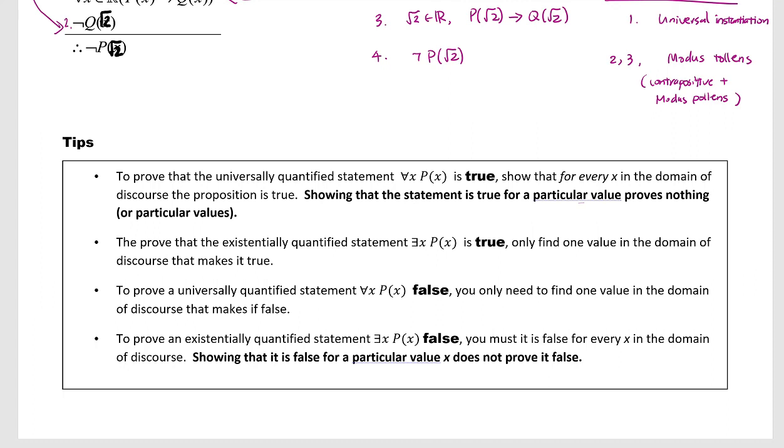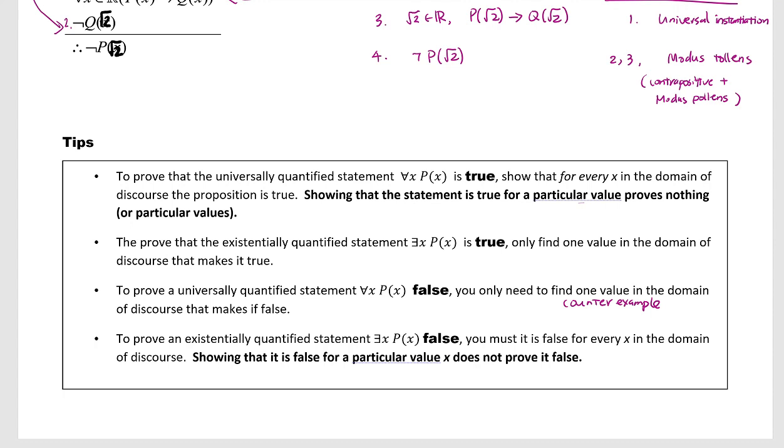Next, to prove a universally quantified statement is false, you only need to find one value to show it is false, a counterexample. So you show it does not work for some value, and then you can show it is false.